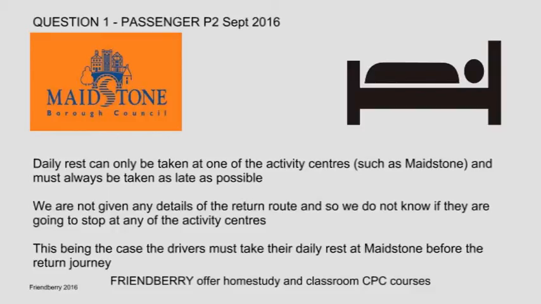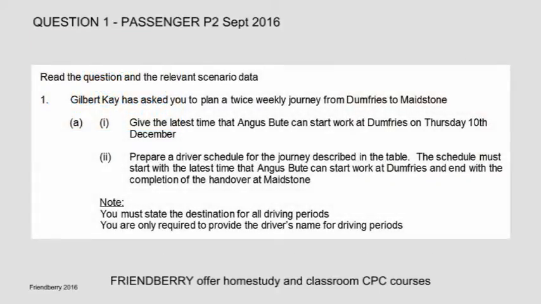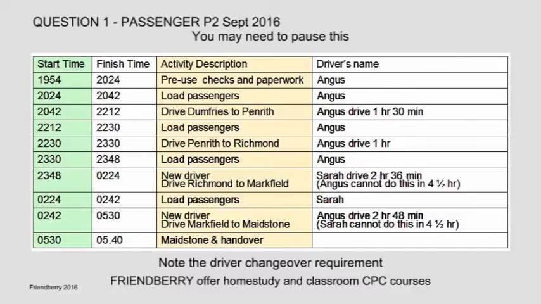This being the case, the drivers must take their daily rest at Maidstone before the return journey. We are now in a position to complete part 2 of the question. If the drivers only swap over driving at activity centres, they will have to swap over as the table shows.